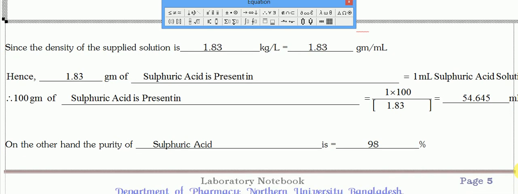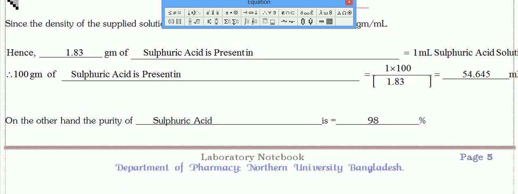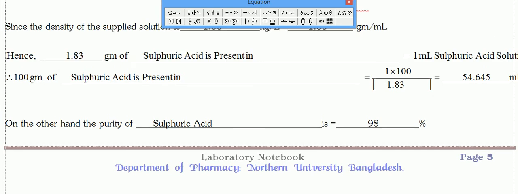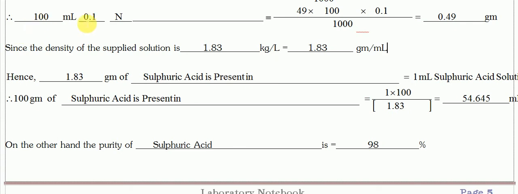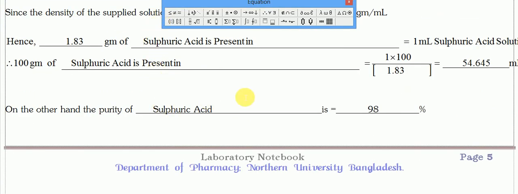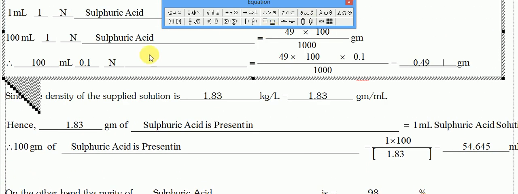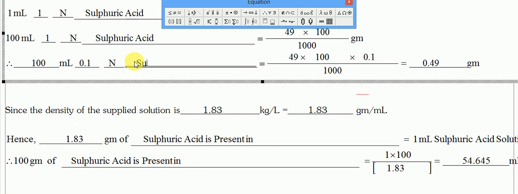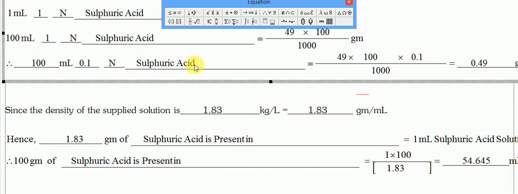So we are now converting this 0.49 gram sulfuric acid into ml. For 100 ml 0.1 normal sulfuric acid, we have to write the name sulfuric acid here also, which was mistakenly not written.